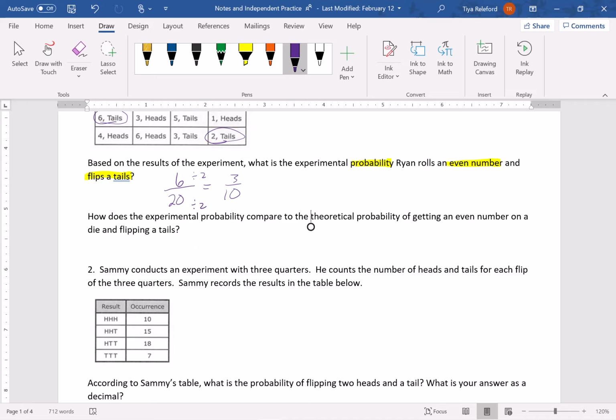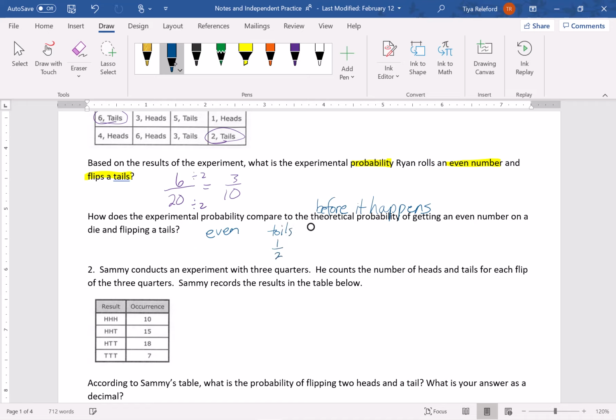How does the experimental probability compare to the theoretical probability of getting an even number and flipping tails? So, theoretical is before it happens. So this is what should happen. What should have happened was we should have had an even number and we should have flipped tails.